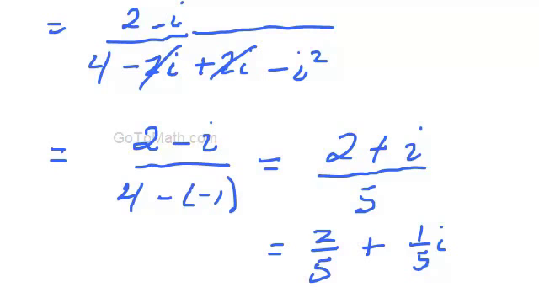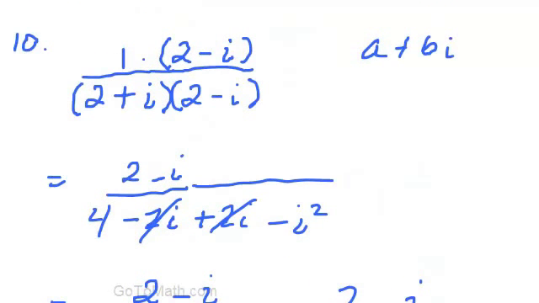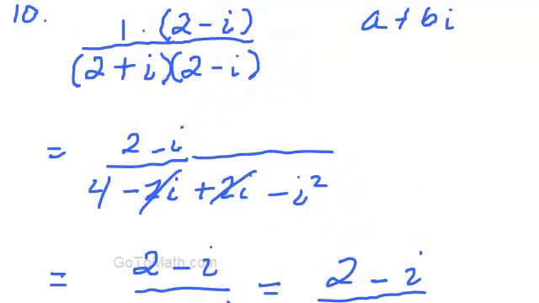And of course, we need to do the same here. 2/5 minus 1/5 i. Right. Okay, so I guess we're moving on to number 11.